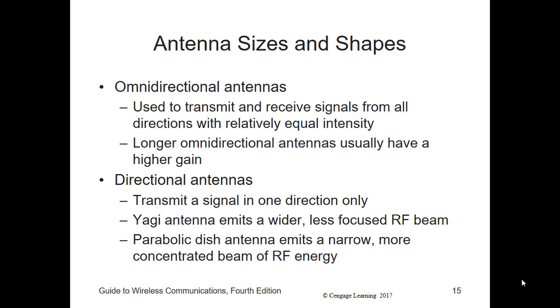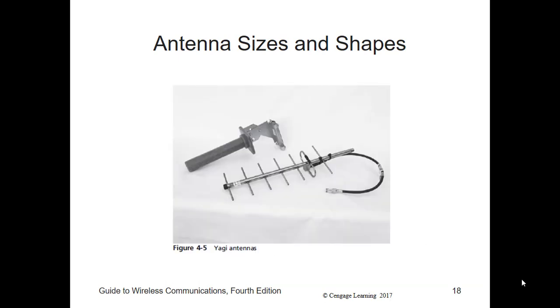Dish antennas are typically used for links of 16 miles or more. Dish antennas are used in point-to-point links, each aimed at one another's dish antenna, but Yagi antennas, in addition to being used in point-to-point links, are also sometimes used to enhance signal quality and extend the distance of links to and from an omnidirectional. So there's an example of a Yagi antenna. One common application of a dish antenna is to receive satellite signals.